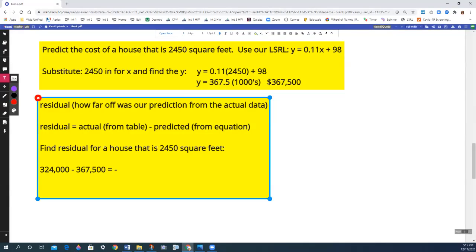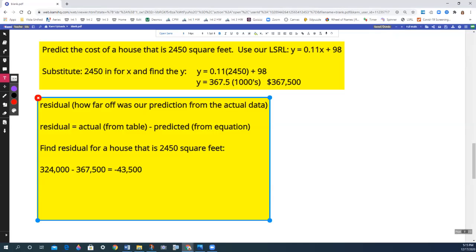So what does that mean? Since it's negative, and we're taking the actual minus what we predicted, we over-predicted. We over-predicted the price by $43,500. That's how much we over-predicted.